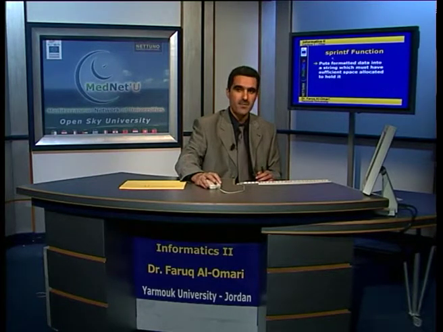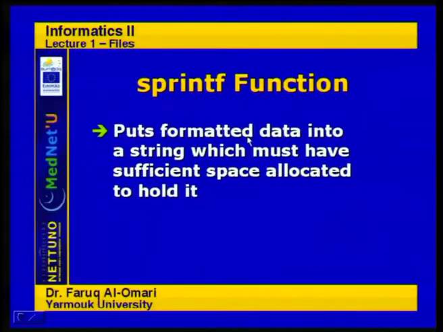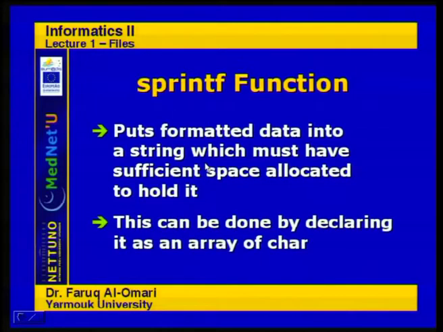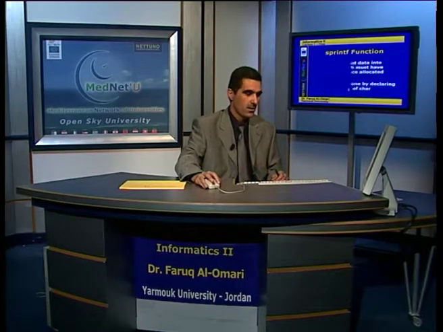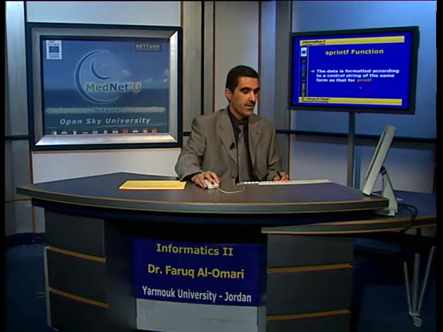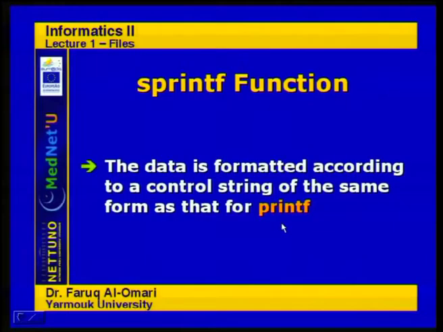So sprintf then puts formatted data, which is a string actually, into that file which we already opened. This can be done using the declaration as an array of characters, and we're coming to arrays later on. And the data is formatted according to a control string of the same form as that of printf.